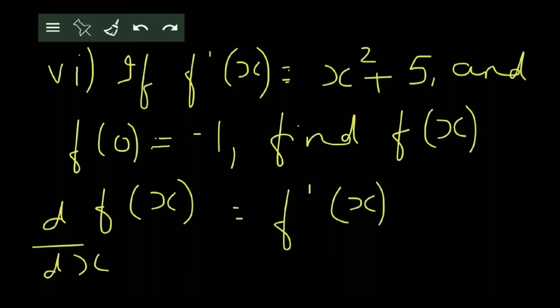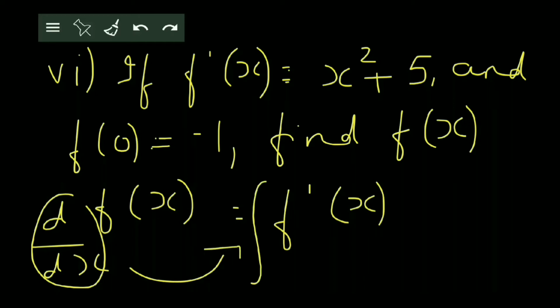Now, suppose f dash x is given. From there, how to find fx? Yes, this d dx symbol goes to the RHS, and on the RHS it becomes the integral sign. So when we find the integral of f dash x, what we are doing is we are finding fx. So here f dash x is given as x square plus 5. When we find the integral of x square plus 5, we are going to get fx.